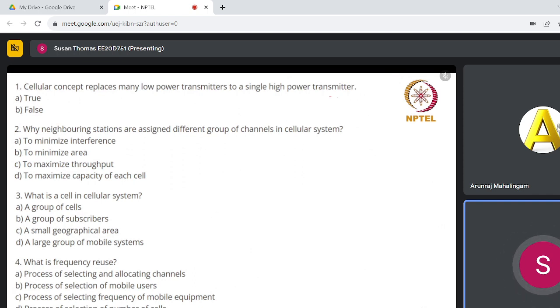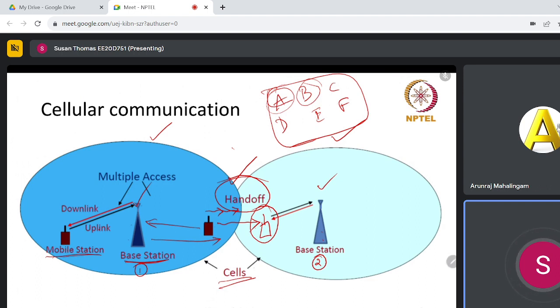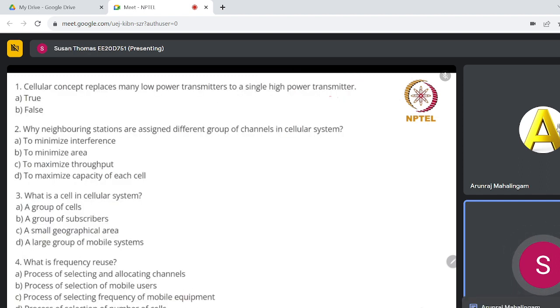So instead of having a single very high power transmitter which will transmit to the whole city, to A, B, C, D, E and F, you have a low power transmitter only for A, another low power transmitter only for B, another low power transmitter only for C. So that is the idea of this question.